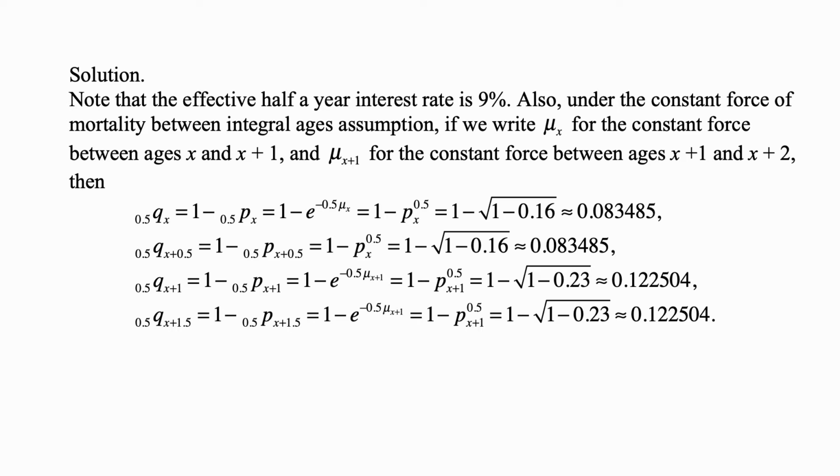And 0.5 qx plus 0.5 is 1 minus 0.5 px plus 0.5, and that's equal to 1 minus px to the 0.5, so it's the same number as before.